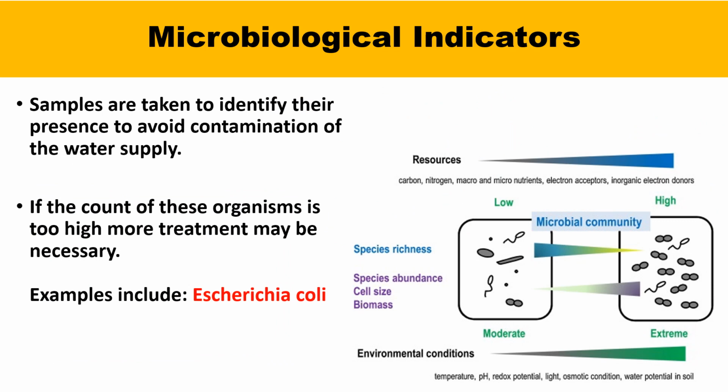So, microbiological indicators: you need to understand that, as I mentioned, we take many samples at random spots. Like the word suggests, we call it random sampling. The purpose is to identify their presence to avoid contamination of the water supply.